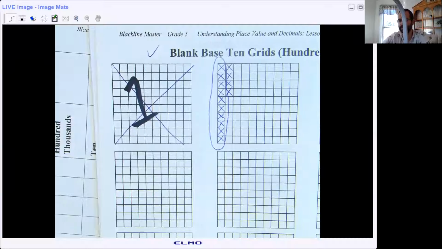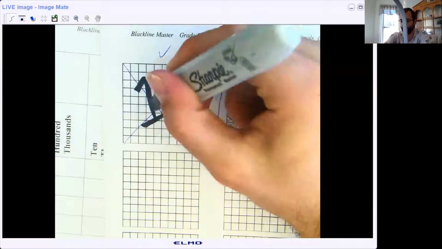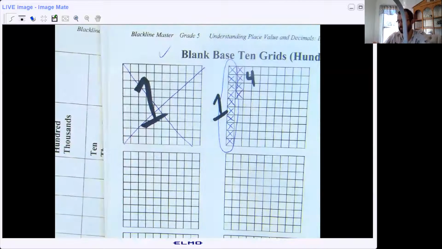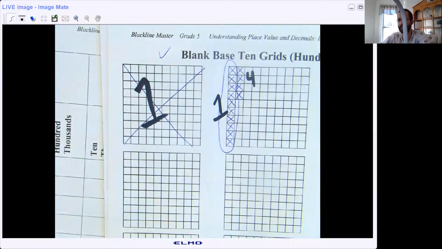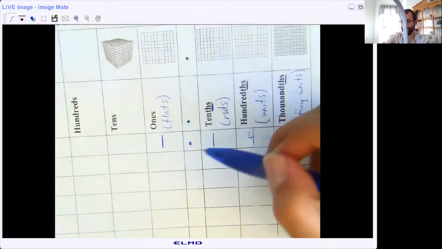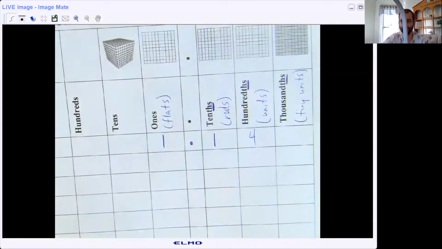So when I look at the actual writing part of this, I've got 1 flat, 1 rod, and 4 units. So look at how I wrote this one. 1 flat, decimal, 1 rod, and 4 units.